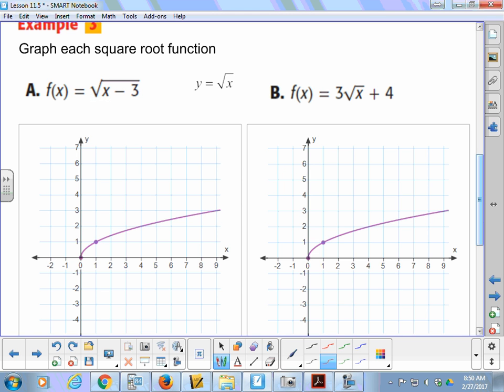And I made my window here so it goes from negative 2 to 9 for the moment. Now I use basically 0 to 9 because I have specific points that I like.